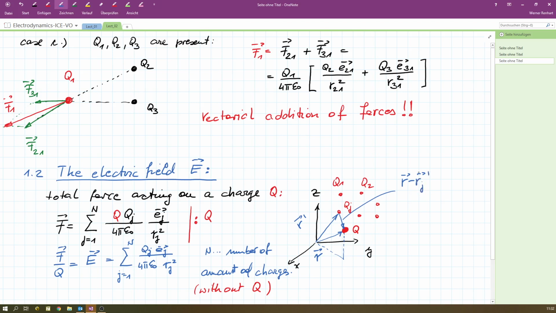This is the source point vector and this is the field point vector. This is the separation vector for the j vector, and the field point is always the same.